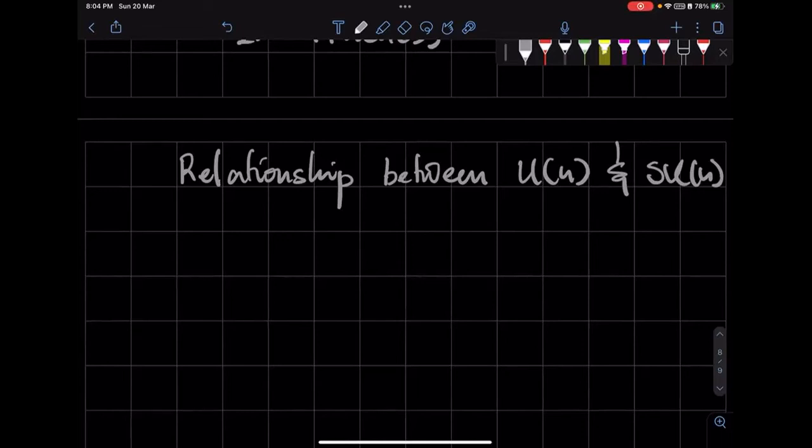So the passage from UN to SUN: UN doesn't have those kinds of discrete transformations in it. Yeah, UN itself doesn't have any discrete transformations.